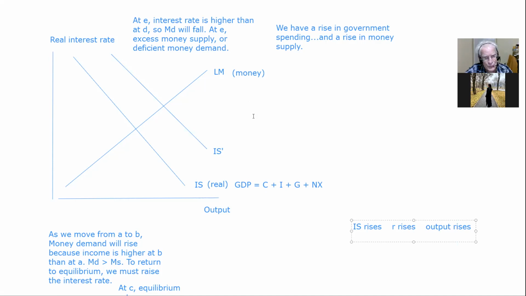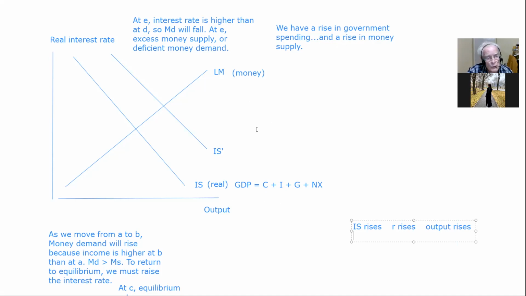But the real story in Kazakhstan is a bit more complicated than that. We have not only a rise in government spending, but also the creation of Tegi by the National Bank.